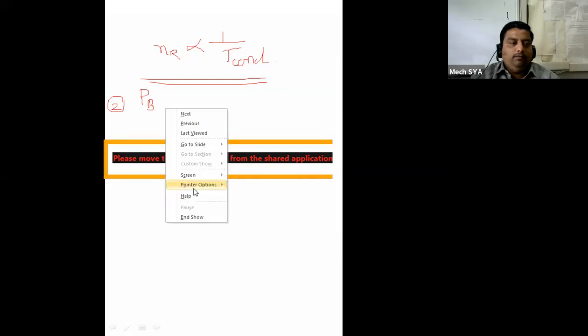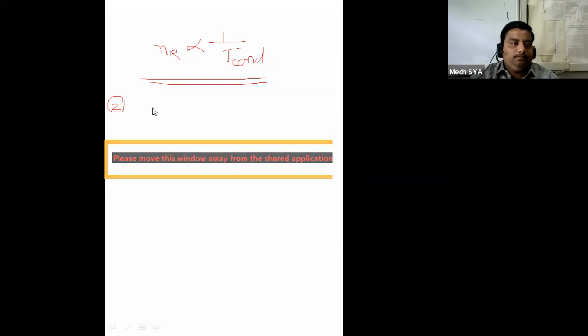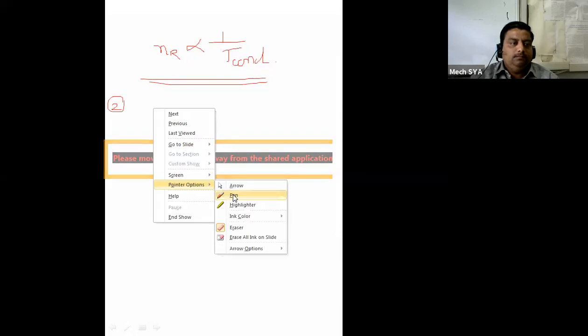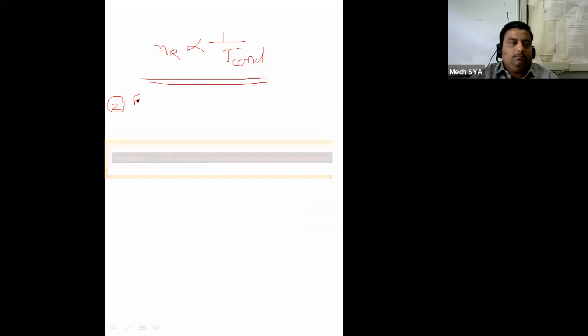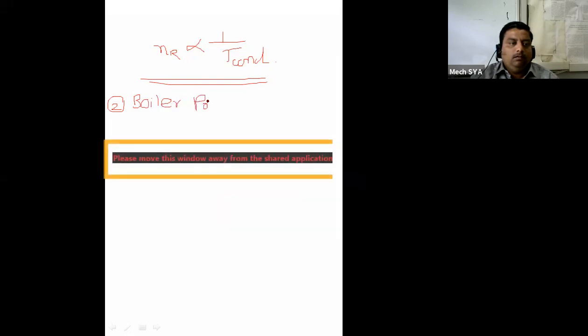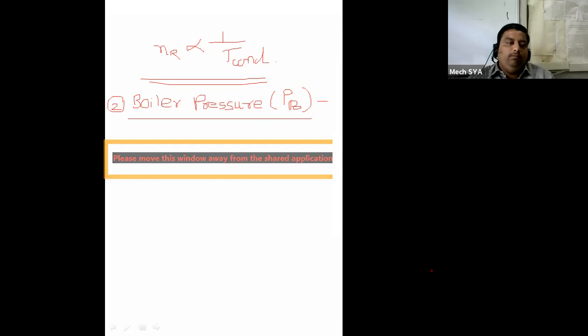We'll write boiler pressure in bracket PB, P boiler.